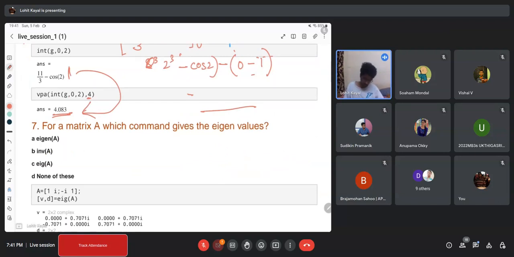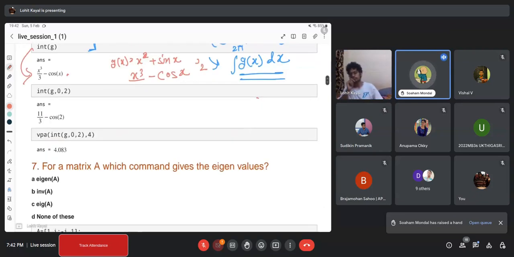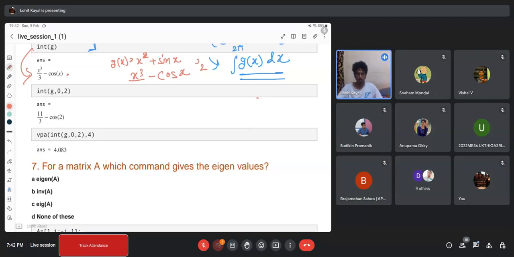So now I will go to a new topic. Suppose I want to find definite integration at various values of lower limit and upper limit. How can we find that? So far the for loop is not discussed in the course, but you can always use a for loop.